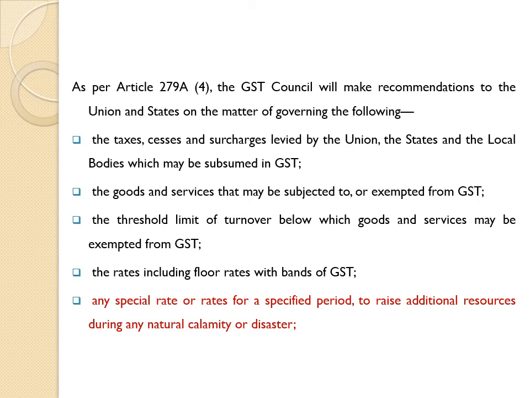As per Article 279A Clause 4, the GST Council will make recommendations to the Union and states on the matter of governing the following: the taxes, cesses and surcharges levied by the Union, the states and the local bodies which may be subsumed in GST.